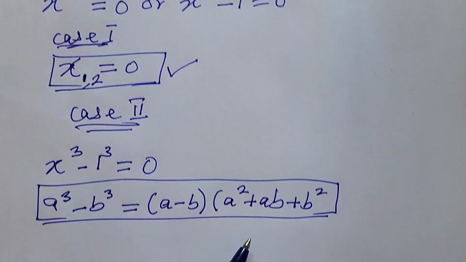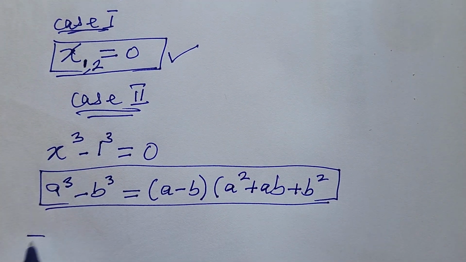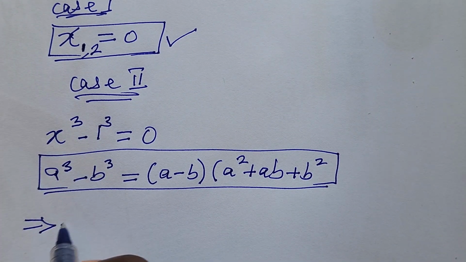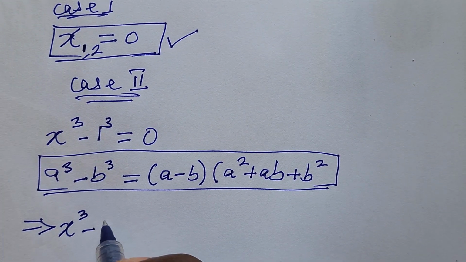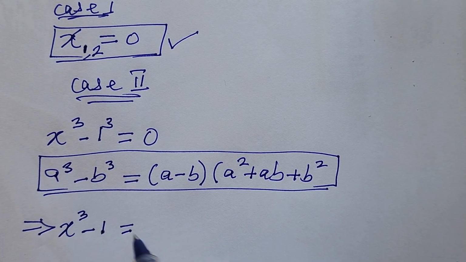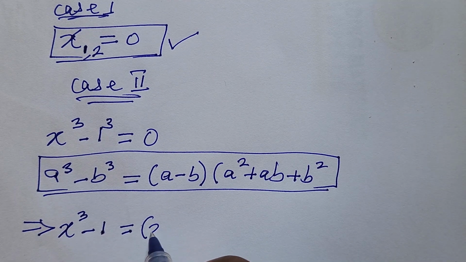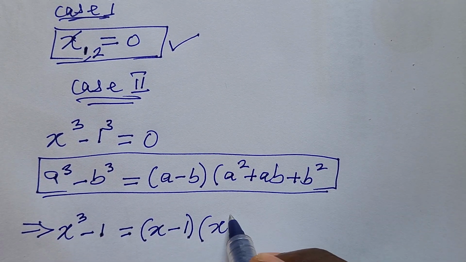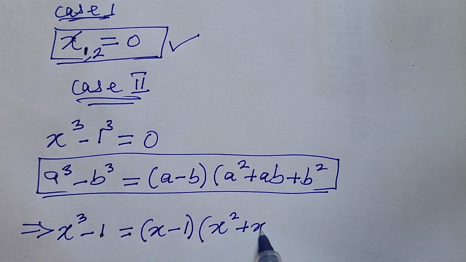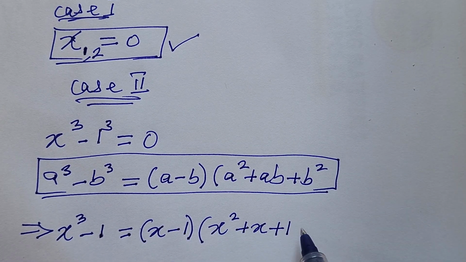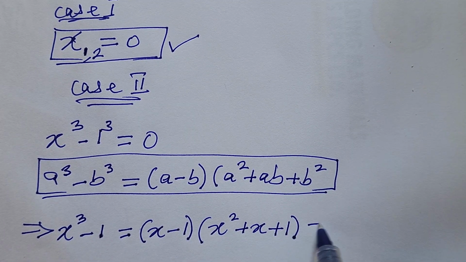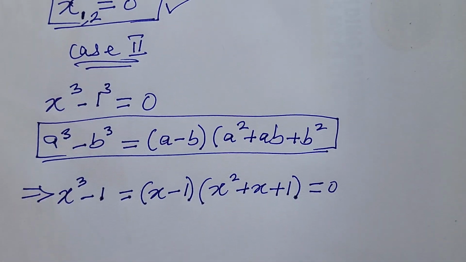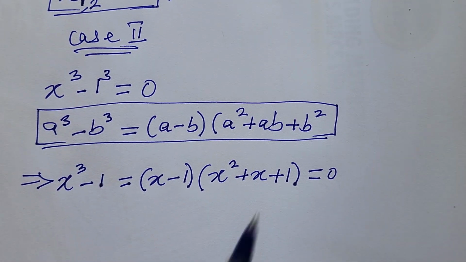So our expression here can be written as x to the power of 3 minus 1 is equal to bracket x minus 1 close bracket times x to the power of 2 plus x plus 1, close bracket, everything equal to 0. We have another two cases here again now.